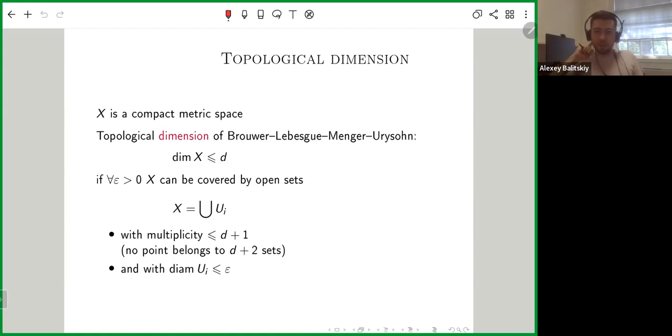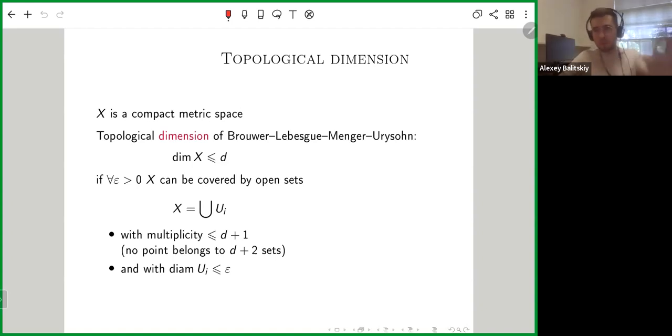The definition goes back to at least Brouwer and other people, and was actually defined in several equivalent ways. This is just one of them. This one was suggested by Lebesgue, apparently. According to this definition, we say that the dimension of our space is at most D if for any arbitrarily small epsilon, you can manage to cover your space with small open sets U_i, such that no point belongs to D plus 2 sets, where D is our upper bound for the dimension.